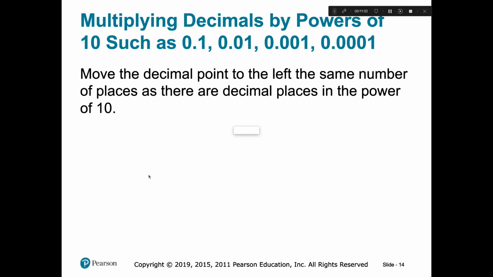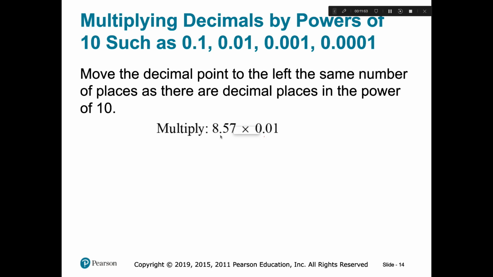Multiplying decimals. So now we're getting smaller. We're multiplying by less than 1. So instead of making our number bigger, we make our number smaller, which means we're moving our decimal point to the left. How many places are to the right of this decimal point? 2.